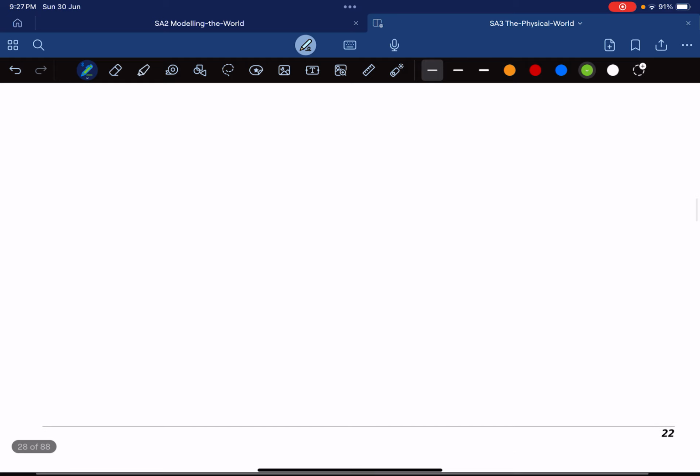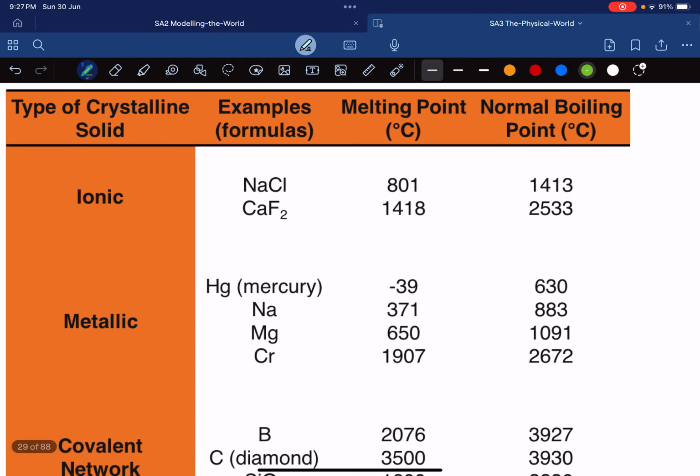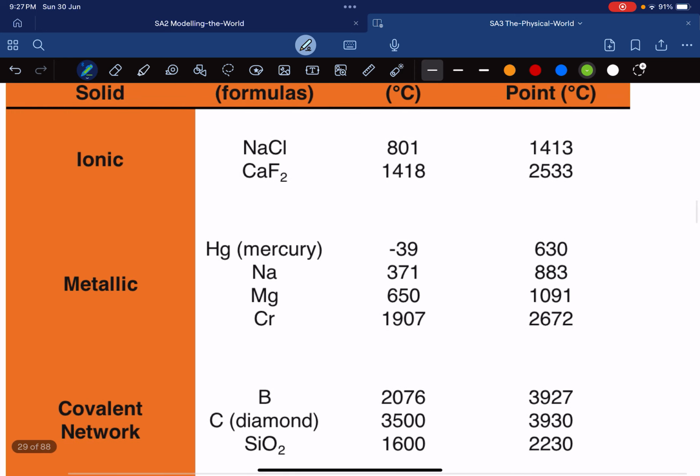So if you look at this next table here, you will notice that those which are ionic, metallic, you look at the melting points and boiling points. They are really high. High meaning, compared to 30-40 degrees, 100 degrees water boiling, these are in their thousands. So these three, ionic, metallic, and covalent network, have very high points, except for mercury, because mercury is the only metal which is liquid at room temperature.